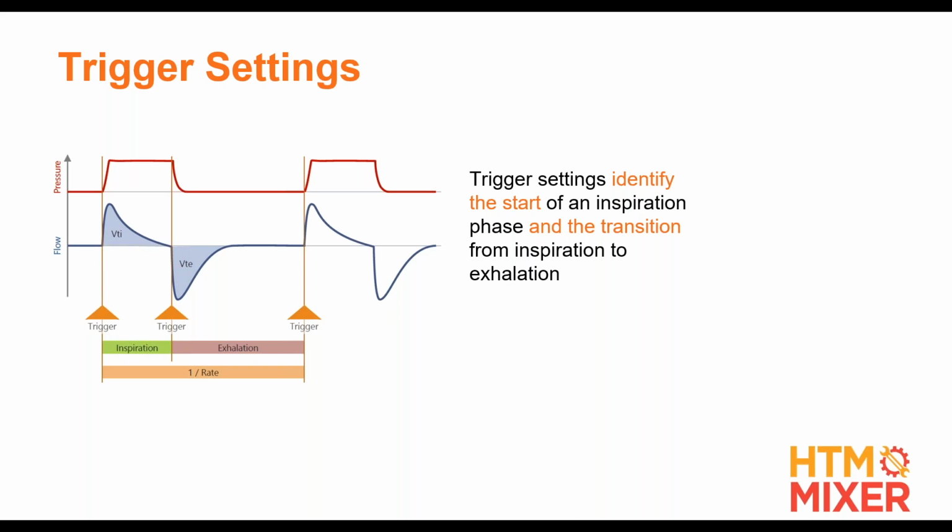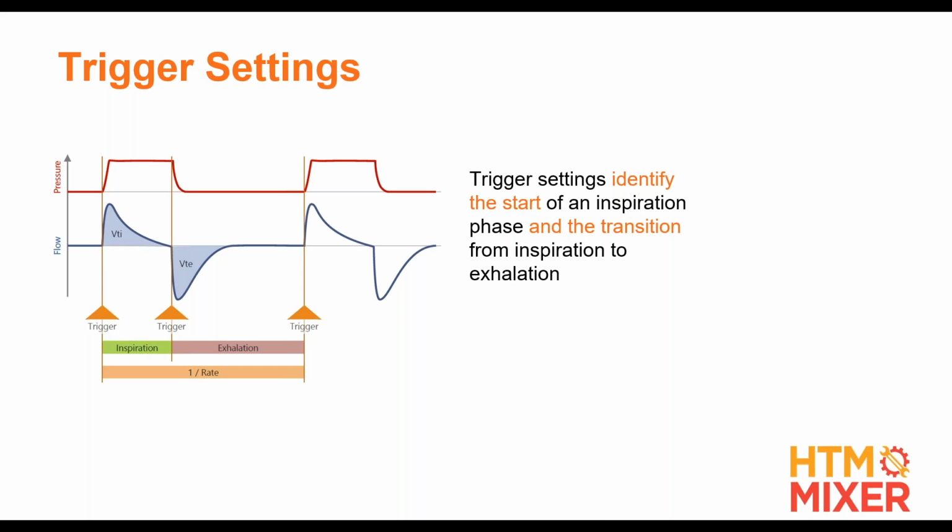So the next setting that's very important is our trigger values. And we'll go through a little bit about the background behind triggering. Is everybody familiar with this? Have you ever had any problems with it? Let's talk a little bit more about it. So we want to be able to tell our analyzer if we're in an inspiratory phase or an expiratory phase from the ventilator or anesthesia machine.